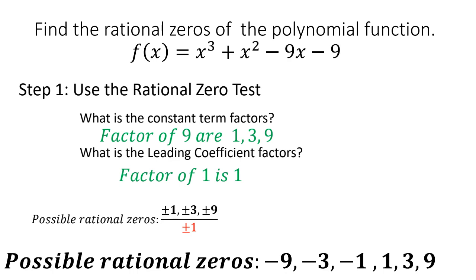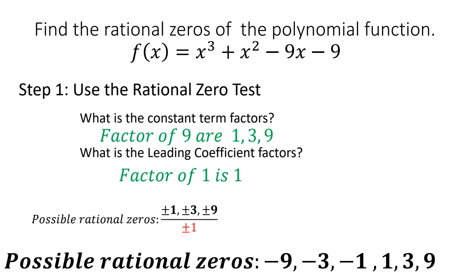So the factors of 9 are 1, 3, and 9. And like I mentioned to you, I don't care that it was a negative 9 because I'm going to look at all of the signs. So it's going to be plus or minus 1, plus or minus 3, plus or minus 9. And for the factors of my leading coefficient, it was just a 1.